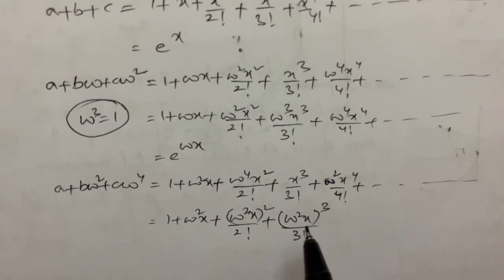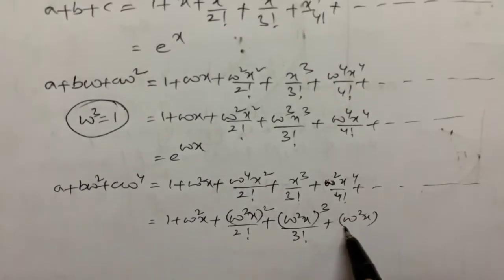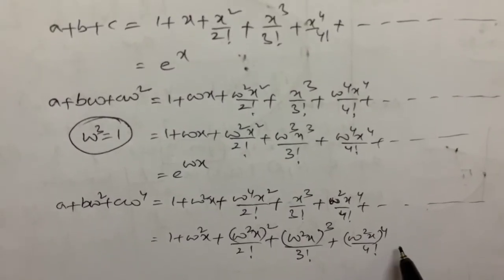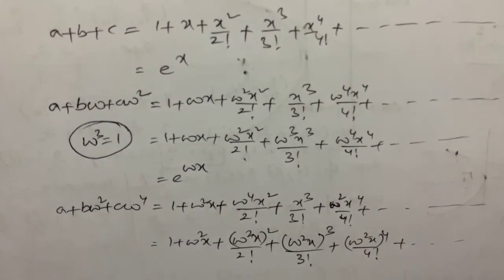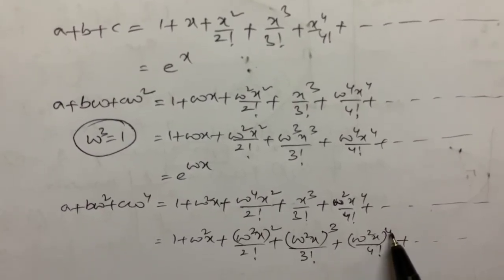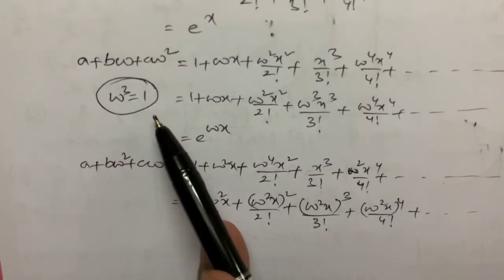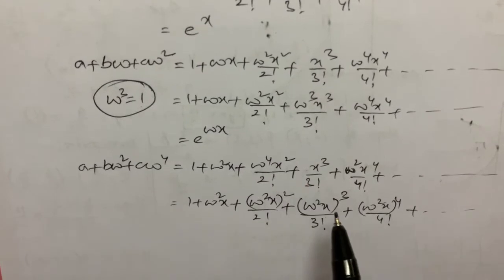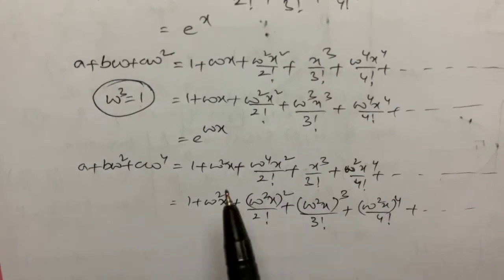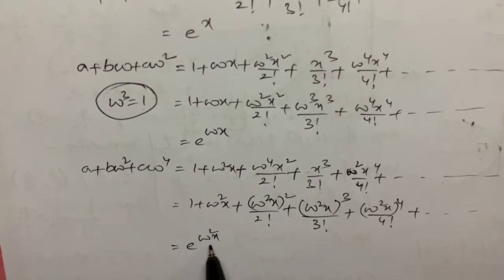Again omega square x whole power 4 by 4 factorial, because omega power 8 is omega square, since omega cube is 1 and omega power 6 is 1. So this is e power omega square x.